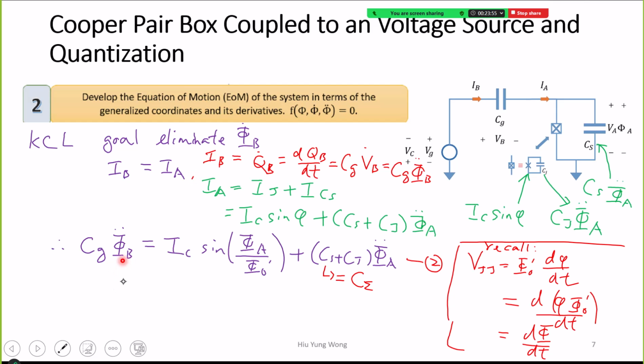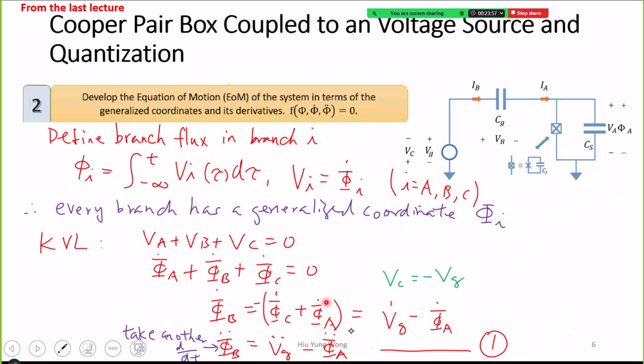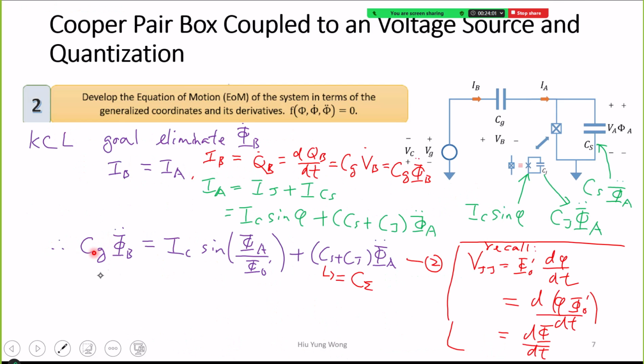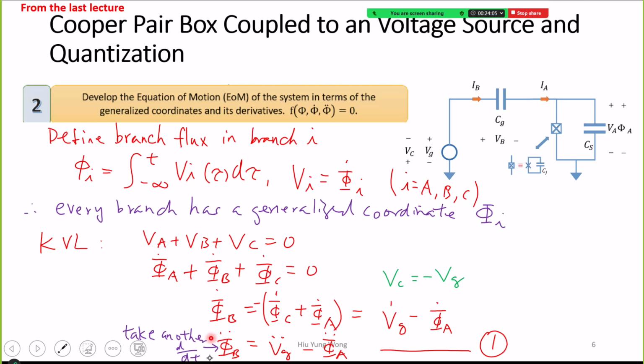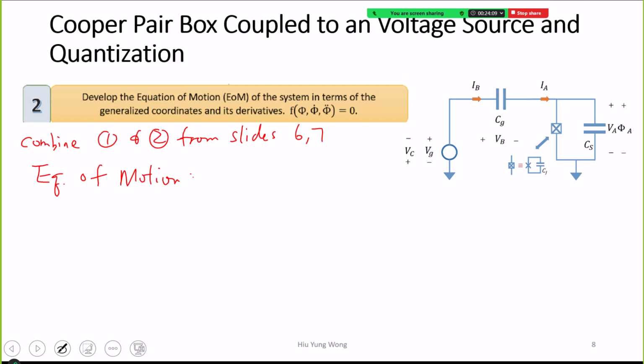I have flux A dot dot here. This one also has flux A dot dot here, right? Except that this is Cg on the left. So all I need to do is just multiply Cg to the left and right. Then I have Cg Vg dot dot minus flux A dot dot equals to.